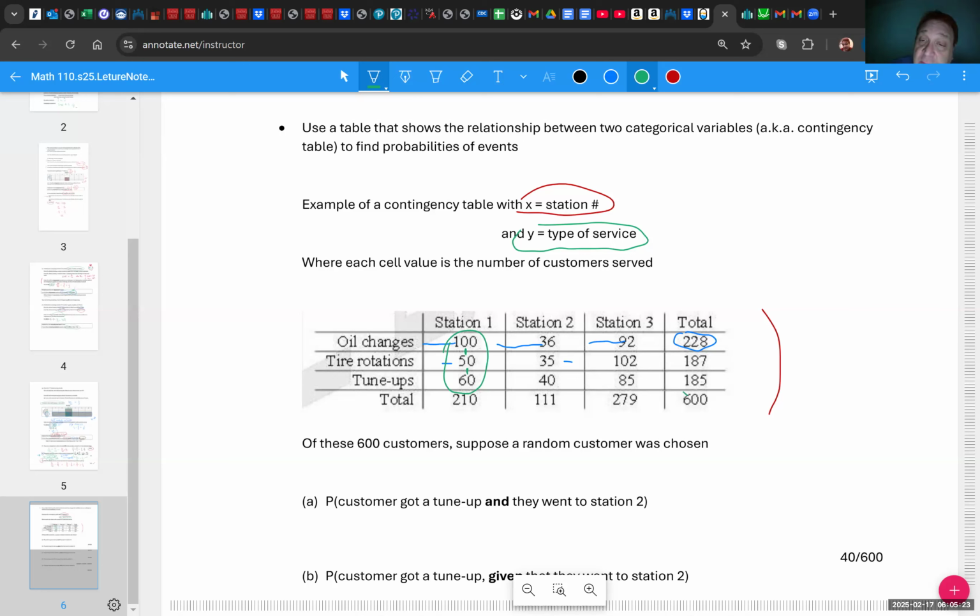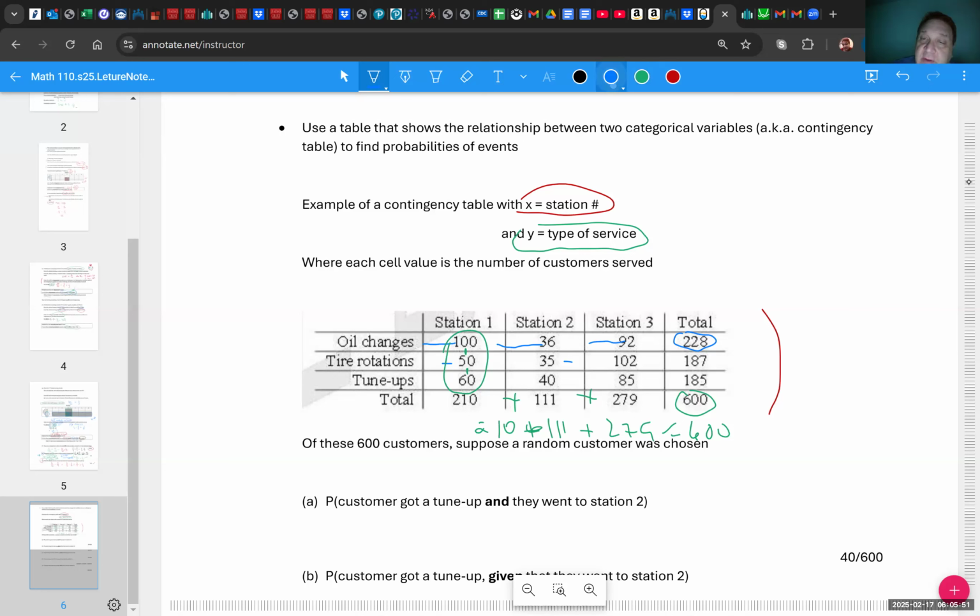And this would be the grand total. So the total of all the different stations, and the total of all the different types of services. And you can literally just add these things together, either horizontally or vertically. You can add 210 plus 111 plus 279, and that will equal 600.